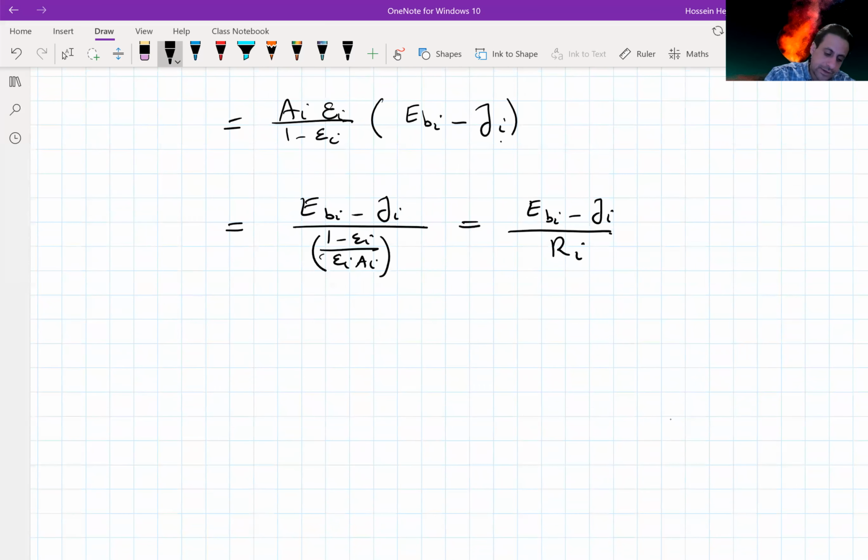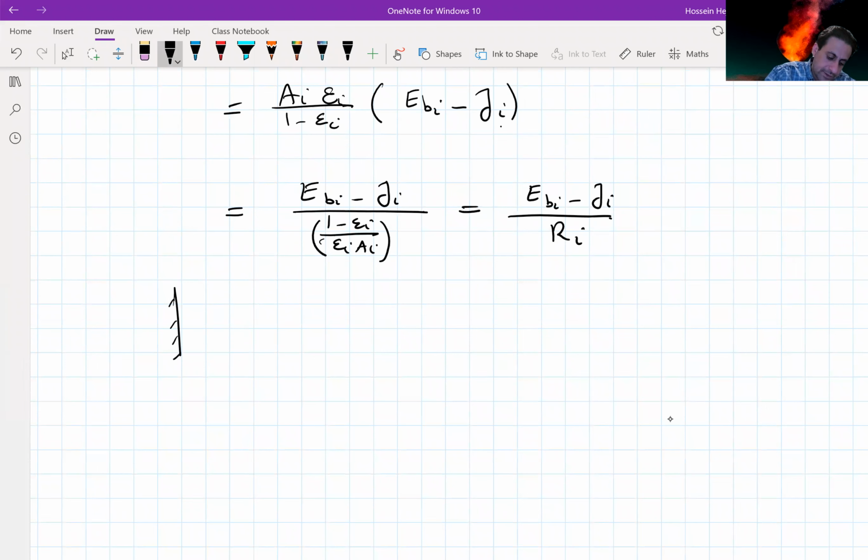And if I want to schematize that, let's say this is surface I. EBI is what a black body can emit. So here what we have is EBI, and since it's a gray and diffuse surface, we take into account everything in terms of a resistance. It acts as a resistance. So we can assume this gray surface is a black surface, but there is an extra resistance to the flow.